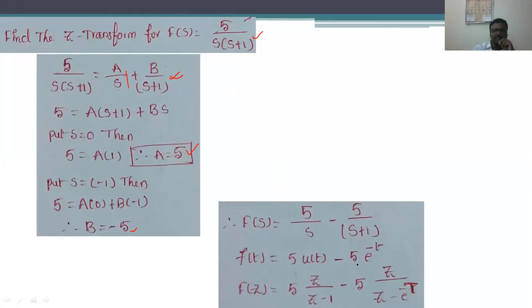So applying the Z transform for this basic equation f of t, we get F of z is equal to 5 into z divided by z minus 1, the Z transform for the step function, minus 5 into z divided by z minus e power minus t. Okay, this is one set of problems. That means the Z transform can be obtained with the help of partial fraction expansion.